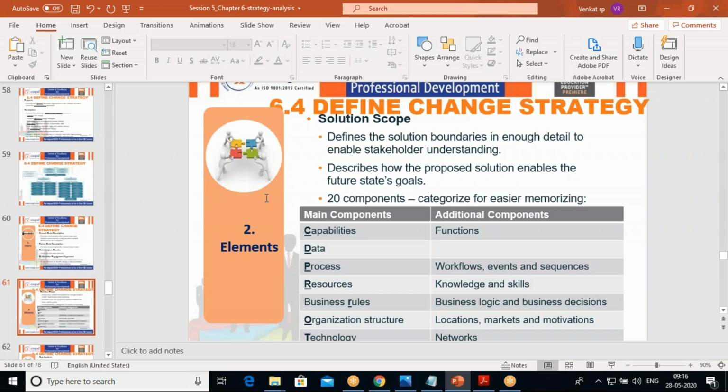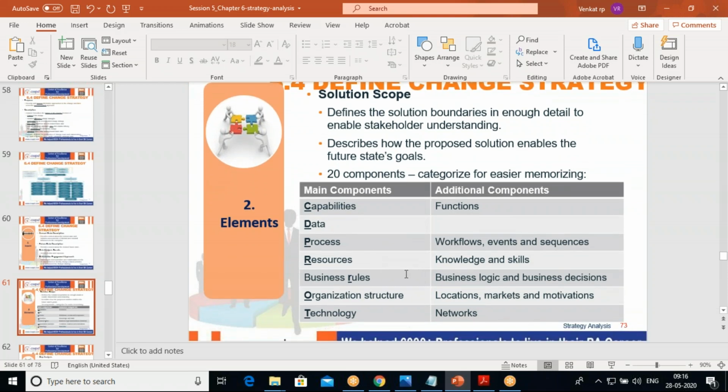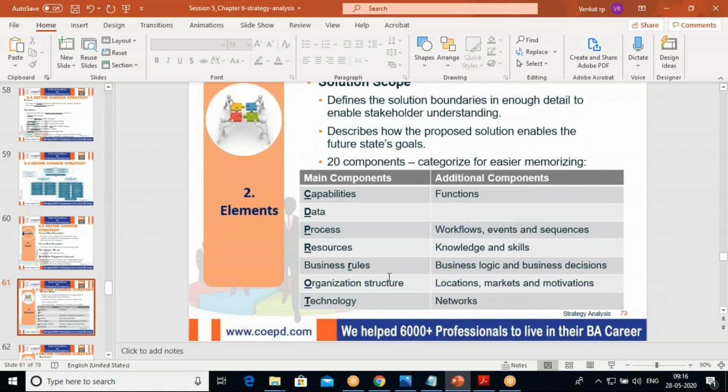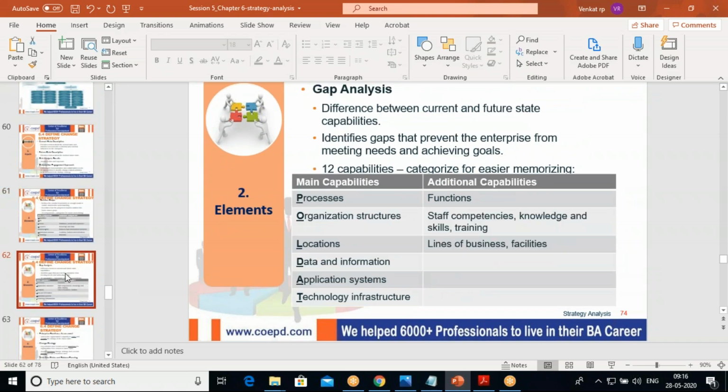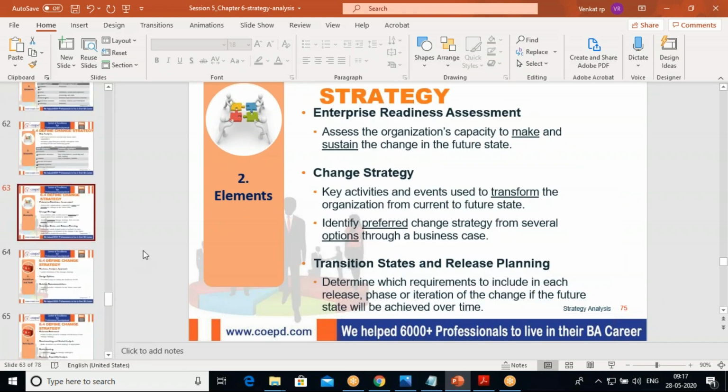For that we will be looking into capabilities, data, processes, resources, business rules, organization structure, and technology. So we have to go through all these parameters and understand them.